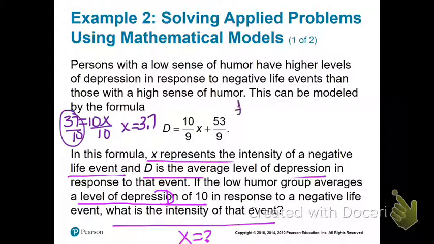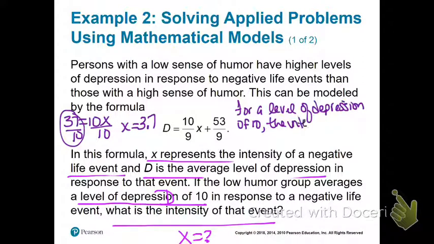So for a level of depression of 10, the intensity is 3.7.